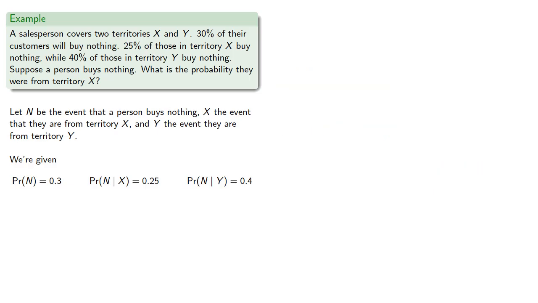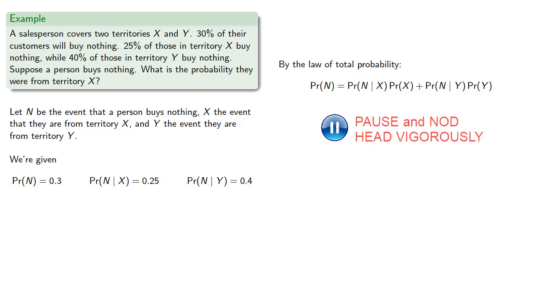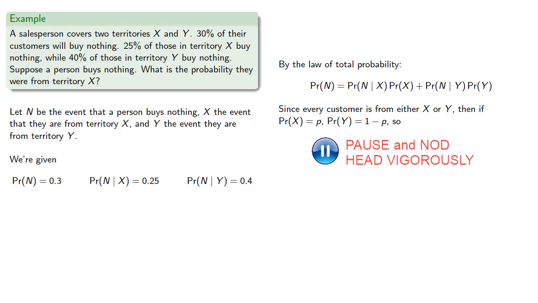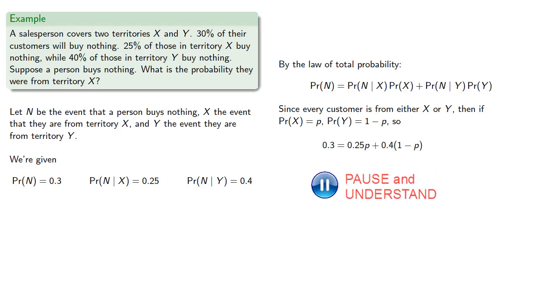But now consider our law of total probability. The probability they buy nothing, well, they either came from territory X or territory Y, and so we can set that up. And since every customer is either from X or Y, then if the probability they're from X is P, the probability they're from Y is 1 minus P. And so we can set up our equation and solve.